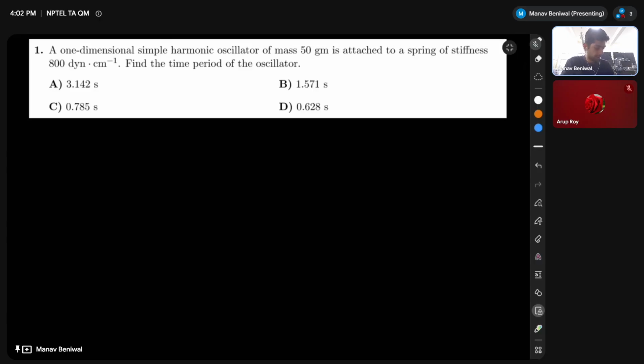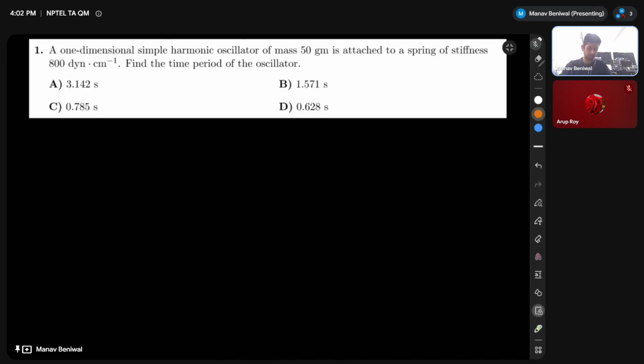And this is a very straightforward problem. So let's have a look at it. A one-dimensional simple harmonic oscillator of mass 50 gram is attached to a spring of stiffness 800 dyne per centimeter. Find the time period of the oscillator.